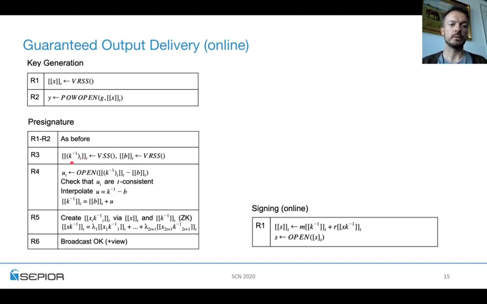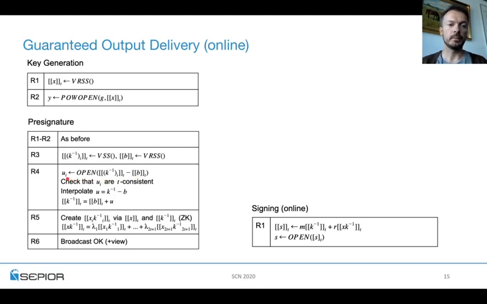So what happens here, in addition to what happened before, is that each party creates a verifiable secret sharing of its share of K inverse. And the parties also use verifiable secret sharing to create a random verifiable secret sharing B. Now, in the next round, they open up the difference between these verifiable secret sharings and this verifiable secret sharing.